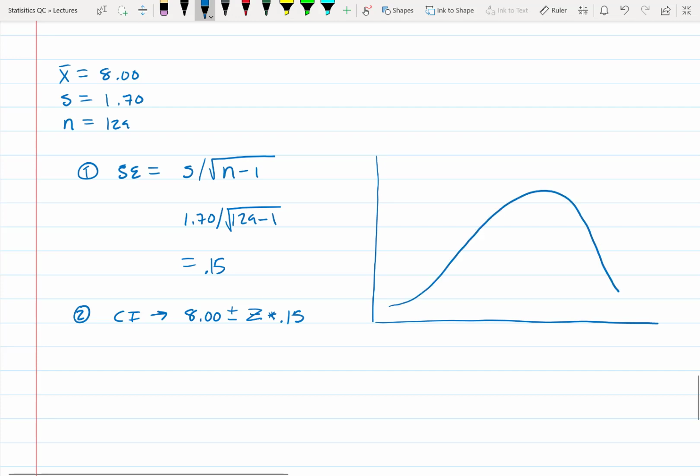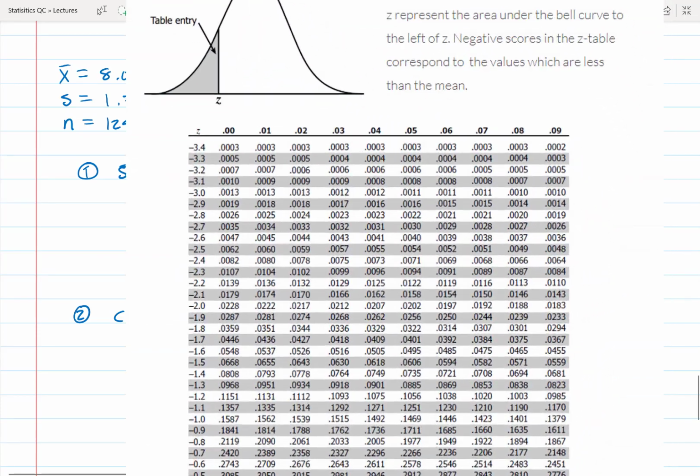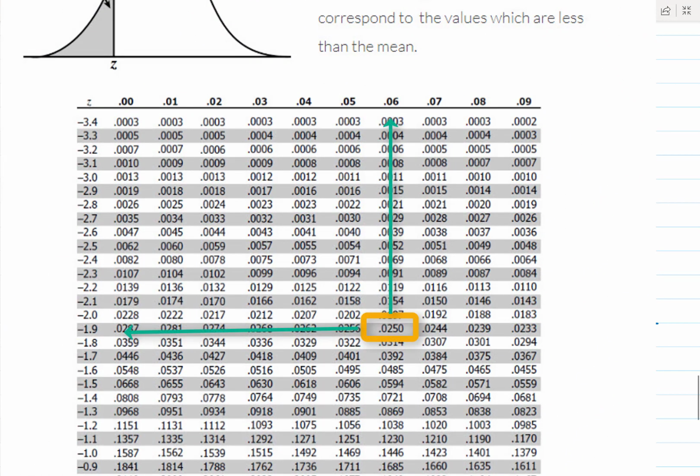Why 0.25 for the 95% confidence interval? Because remember that we are looking for this 95% area of certainty. So we have 5% left over, but each tail has 2.5 or half of that 5%. So what we're going to do is look up the Z value for a tail of 2.5. All right? And that's always going to be the same thing.